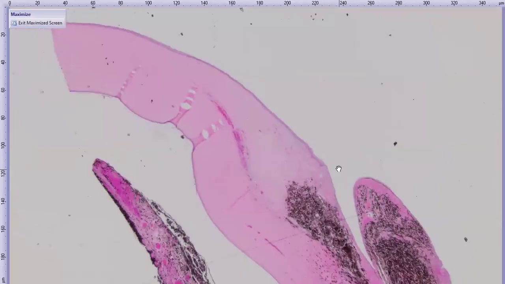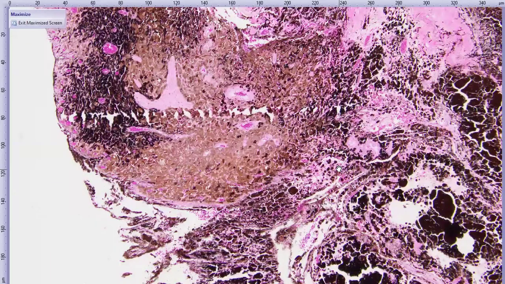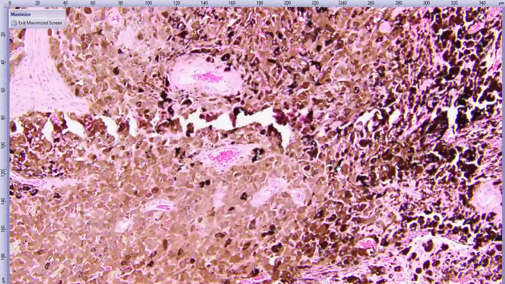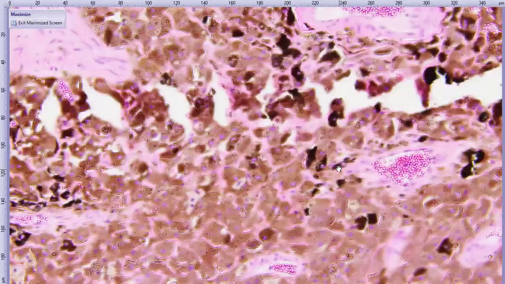So here's our cornea. The neoplasm itself actually looks a whole lot more like a canine melanocytoma than your average feline iris melanoma.